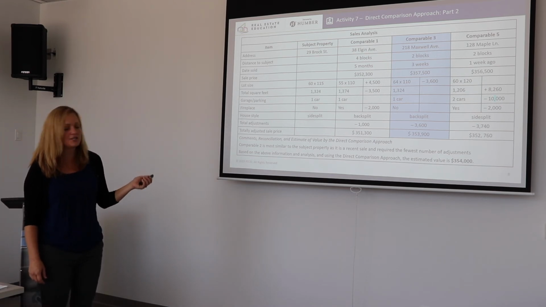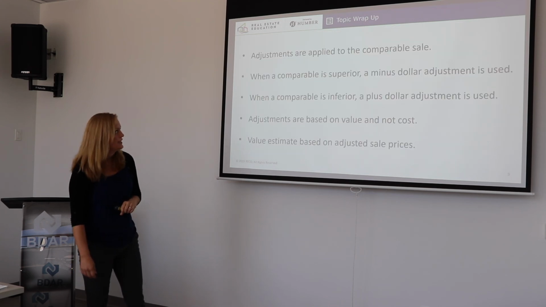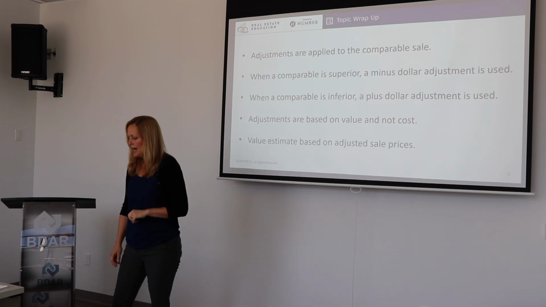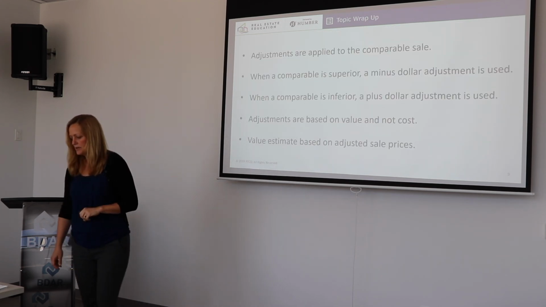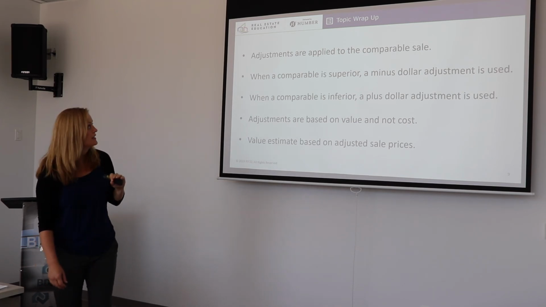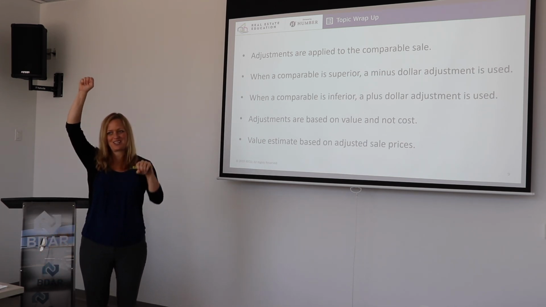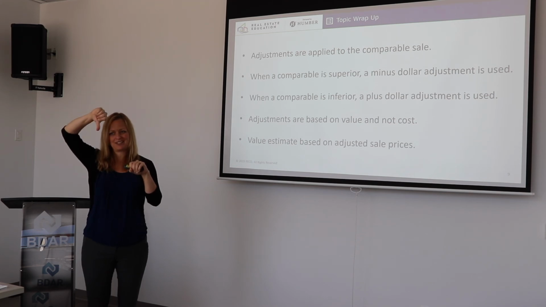Everybody's on the same page, so we'll just go over what we learned today. Adjustments are applied to the comparables based on the difference between the comparable and the subject property. When a comparable is superior to the subject property, the adjustment is a minus.